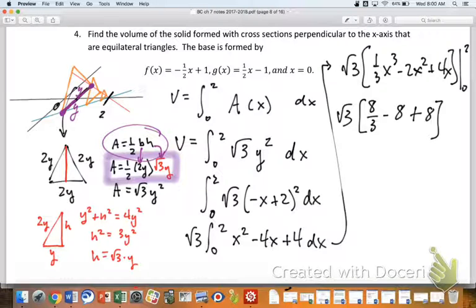So the side would be negative x plus 2, so it would be negative x plus 2 quantity squared times root 3 over 4. And okay, yeah, I get it, but honestly, I'm not seeing where I lost it.